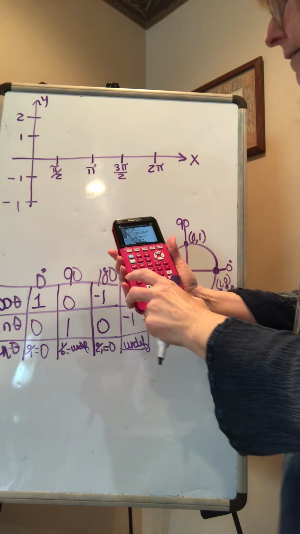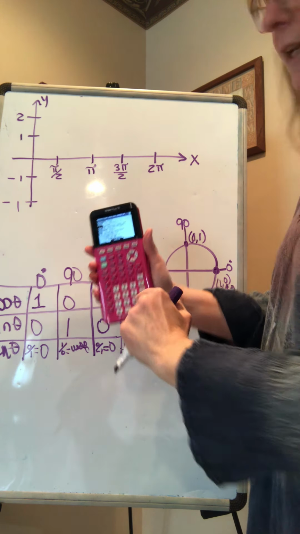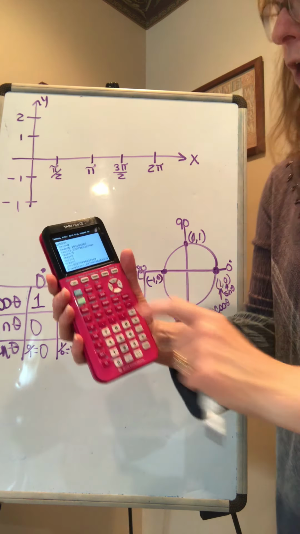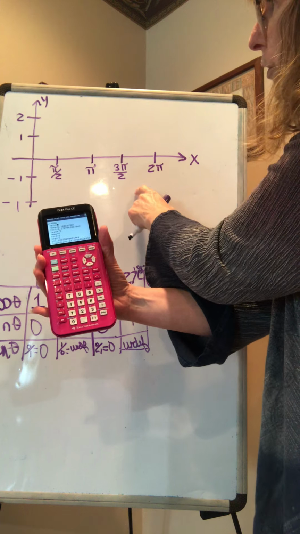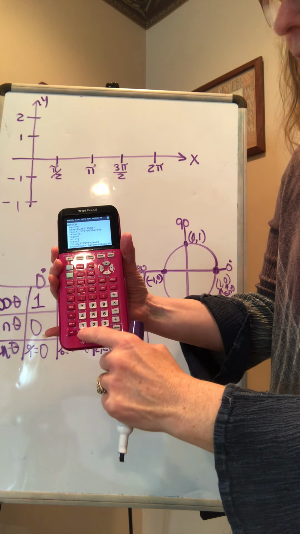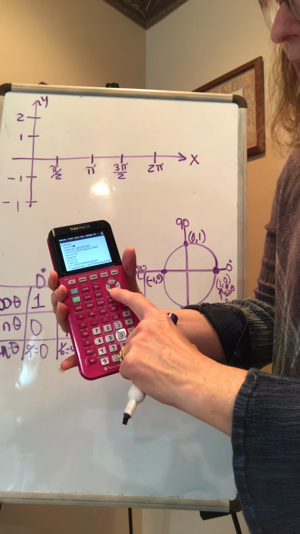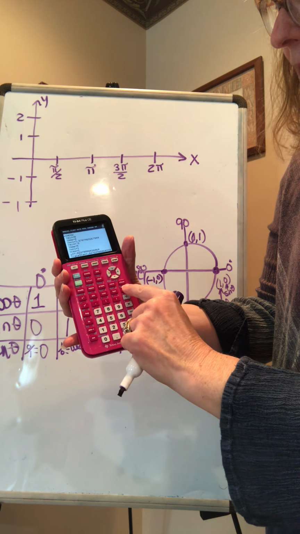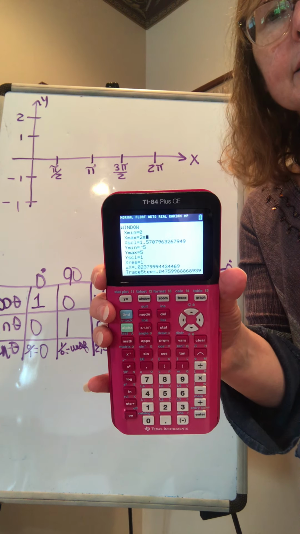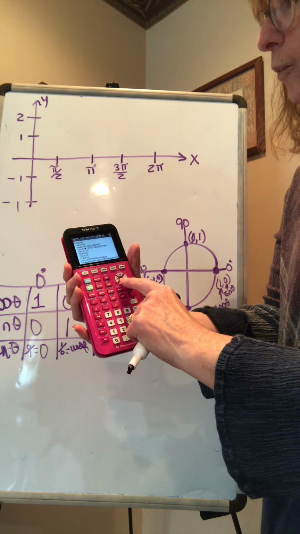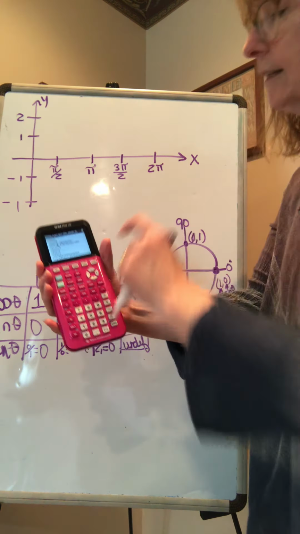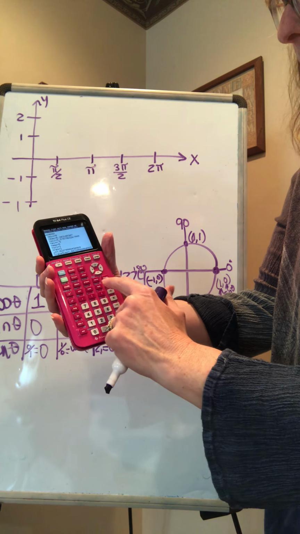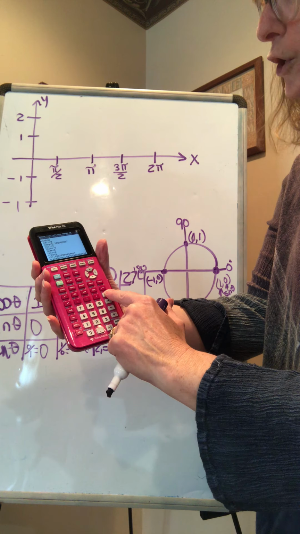And now after we made sure we're in radian mode, now we have to set our window. So when you hit the word window, you need to set your window to exactly what we have here. We have 0 for x minimum, and we have 2 pi for the x maximum, and we're counting by 90 degrees, and that again, the scale is how we're counting, and that would be pi divided by 2.